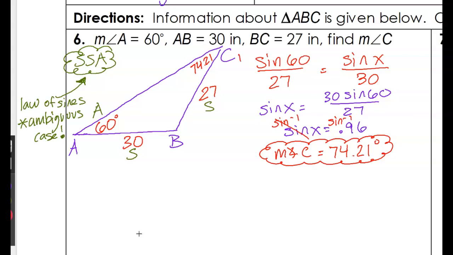Or if I make angle B smaller and swing this 27 inward, you could also possibly have this triangle. Pretend that that 27, I drew the triangle poorly, but pretend that that 27 is just as long as the other 27. So you could possibly also have that second triangle with C2 instead. How do we find this angle?